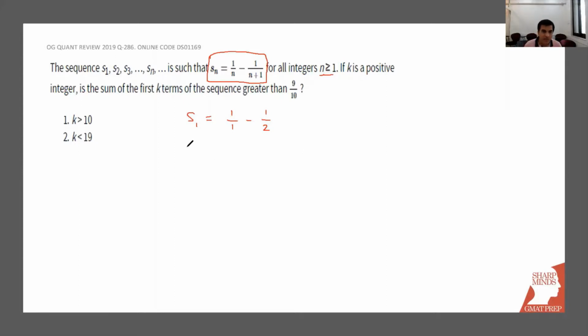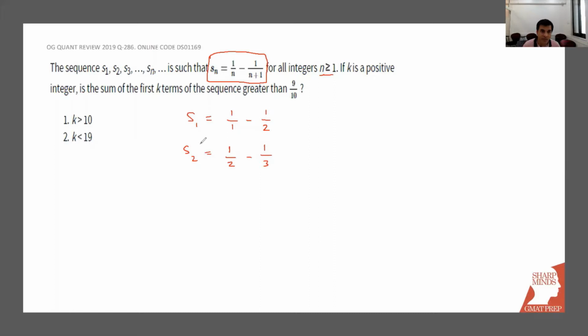Let's write down the second term. When I put n as 2, it is 1 over 2 minus, n is 2, so 1 over 3. Okay, and something is already evident that this term here and this term here, this is a negative half, this is a positive half.